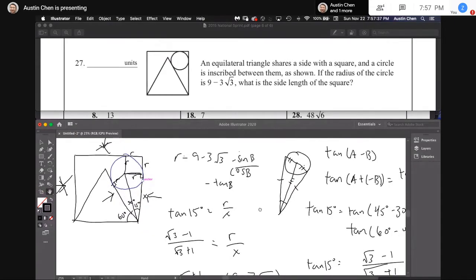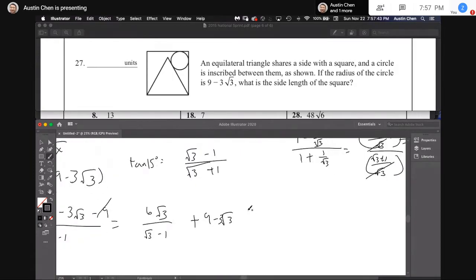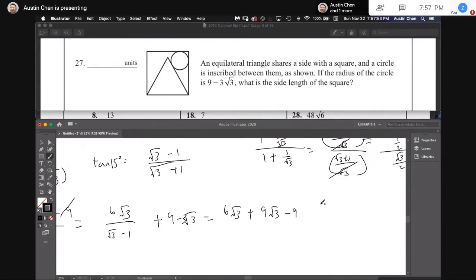So to find the whole side length, we need to add r. R is again 9 minus 3 root 3. So then this will be equal to 6 root 3 plus 9 root 3 minus 9 minus 9 plus 3 root 3 over root 3 minus 1.